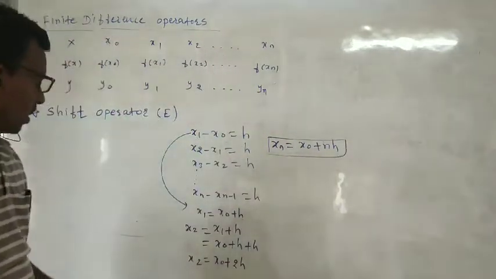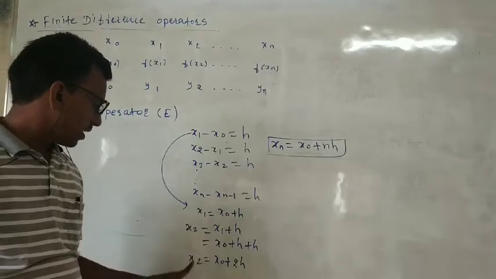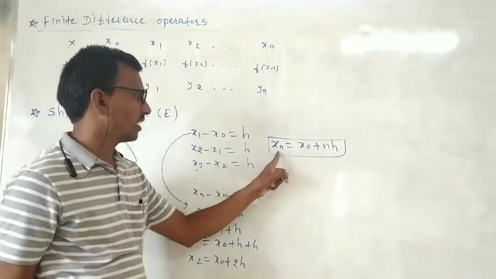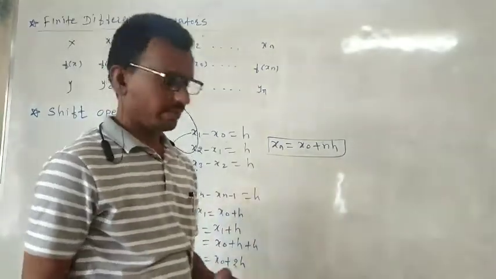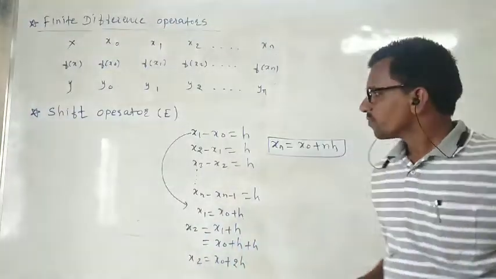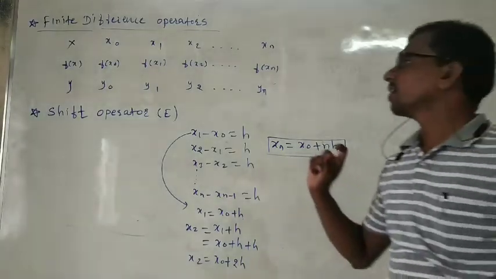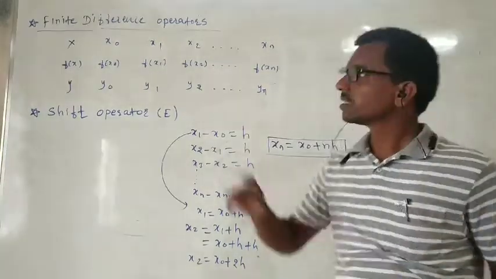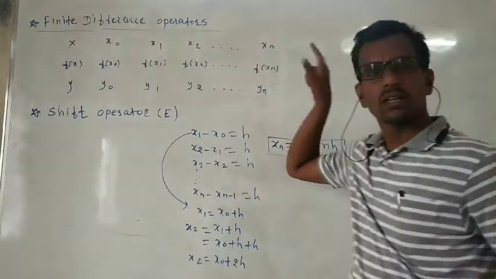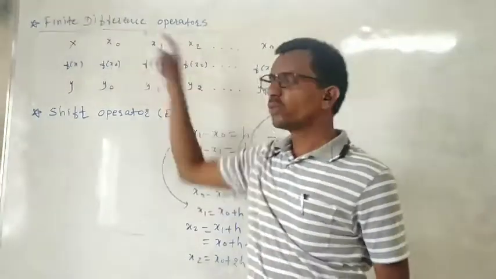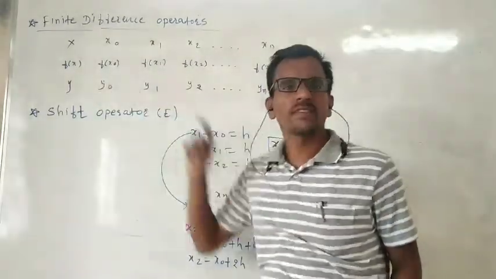Okay. x1 is equal to x0 plus h, x2 is equal to x0 plus 2h, x3 is equal to x0 plus 3h, xn is equal to x0 plus nh. Now, corresponding to all these values, the function f of x is defined. Means at all these points the function is defined and the function value is given. That is, corresponding to x0, function value is f of x0.